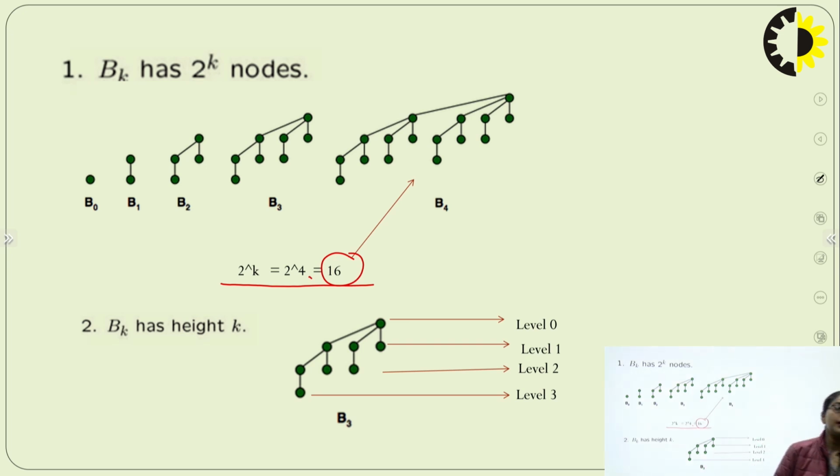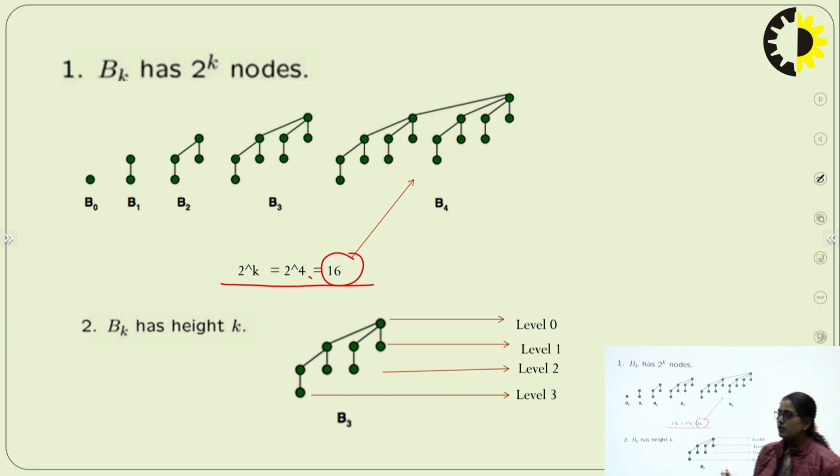That means in the B4 binomial tree, there are exactly 16 nodes. So this is the proof of the first property. Have a look at the B4 tree, and this tree has exactly 16 nodes.